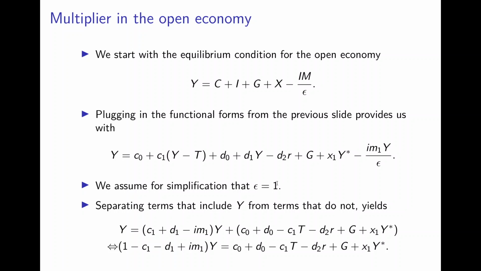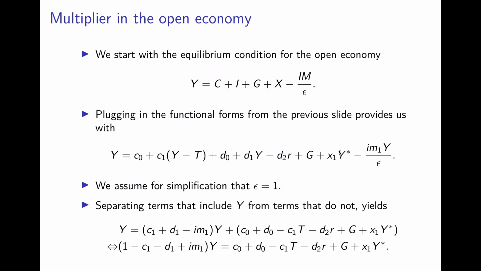Next, we assume as a simplification that epsilon is equal to 1, so there is exchange rate parity between the home and foreign economy. And then we can separate terms that include domestic income from terms that do not include domestic income. So we have here C1 times income, D1 times income, minus IM1 times income. So these terms are collected here, and the other terms don't include domestic income.